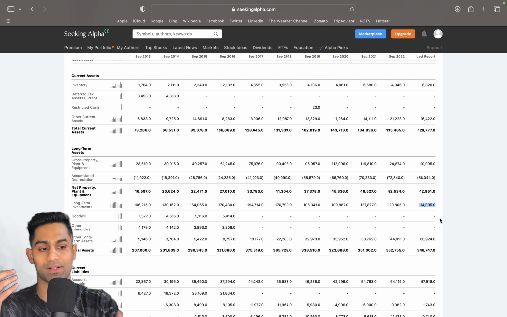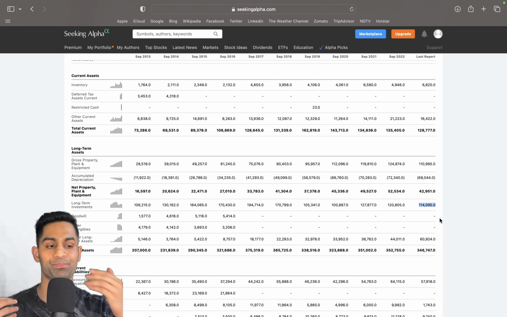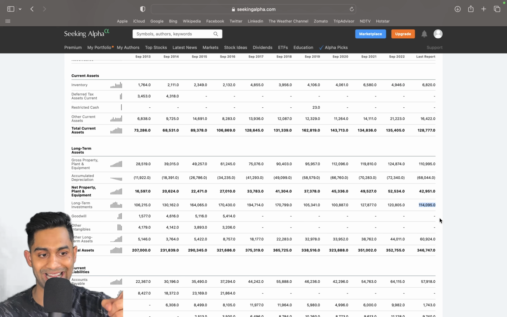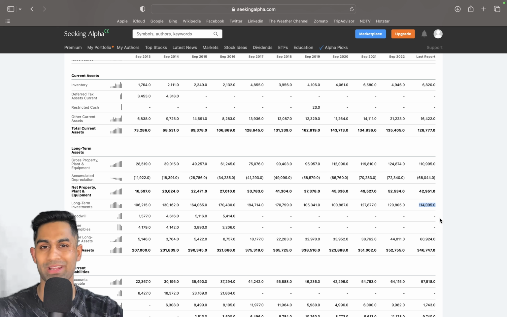Pretty much that's the amount that's generating a lot of interest for the company every single year, right? So you see that interest expense as a negative number, meaning the company is actually earning interest. That's the number that it's coming off of, right? It could be a CD, it could be a government bond, whatever it is, it's earning interest for the company.